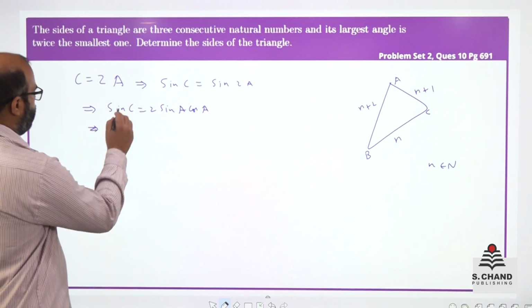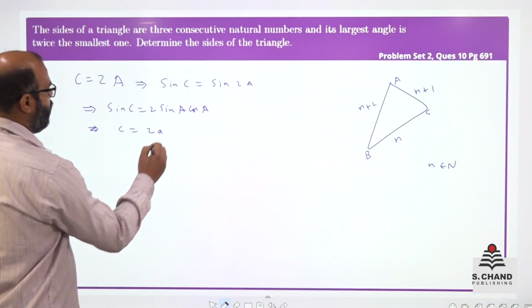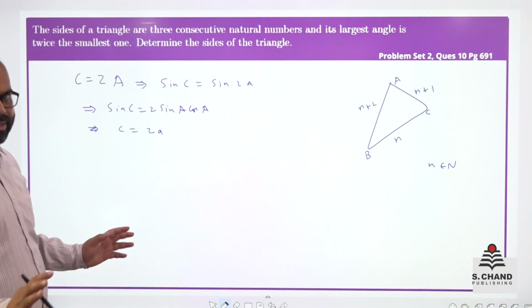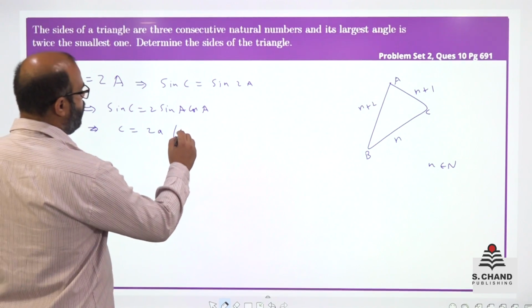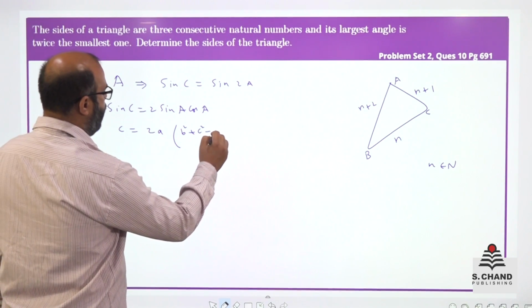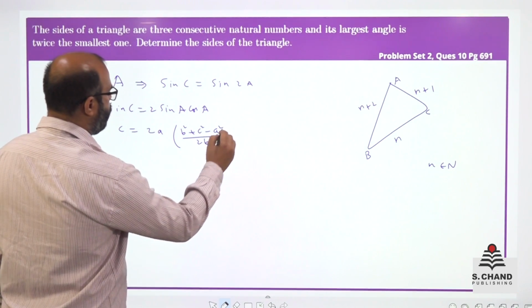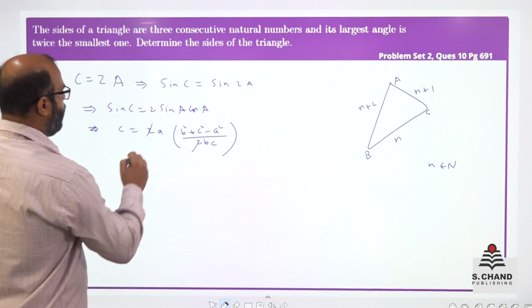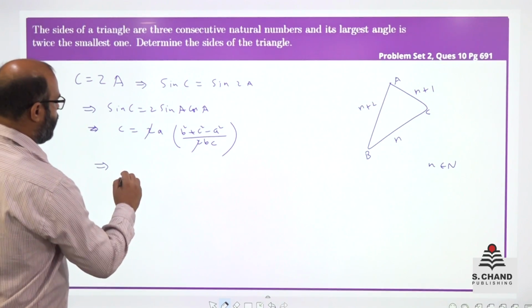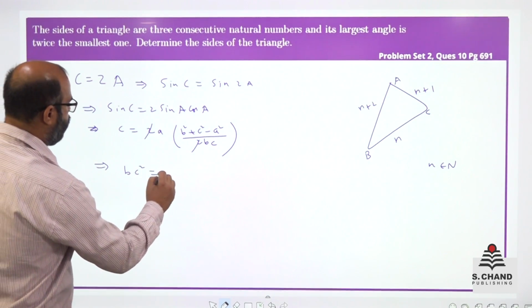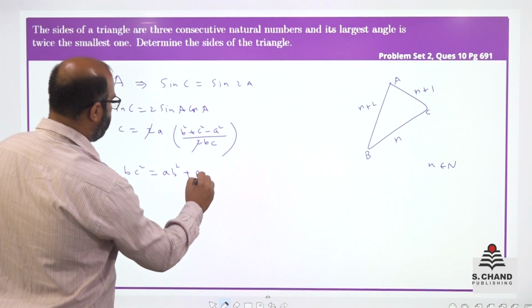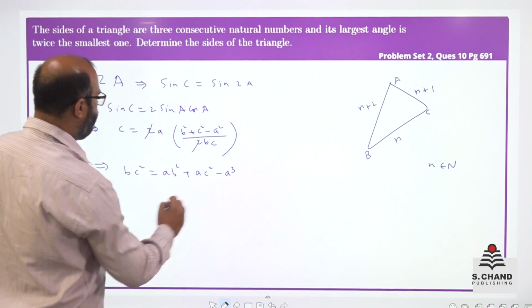By the sine rule, this will become C, this will become A, by 2r, and 2r will get cancelled, and cos A will be B square plus C square minus A square by 2BC. So 2 and 2 will get cancelled. Now let us cross multiply. So BC square is equal to AB square plus AC square minus A cube it will become.